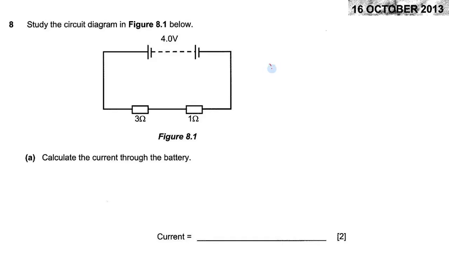So we'll use Ohm's law, which says voltage is equal to current times resistance.